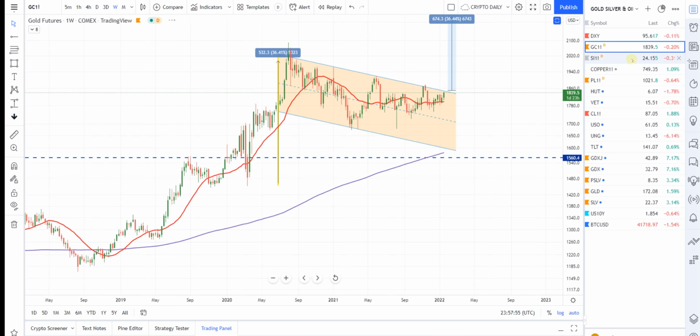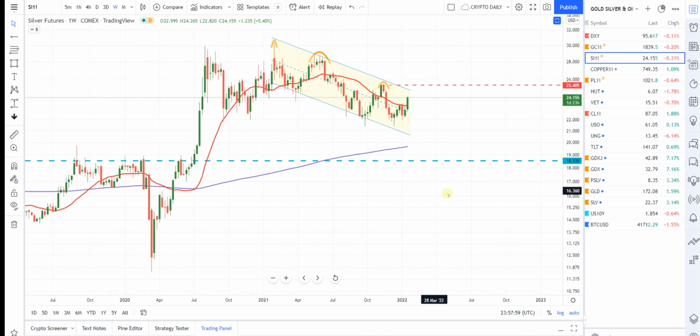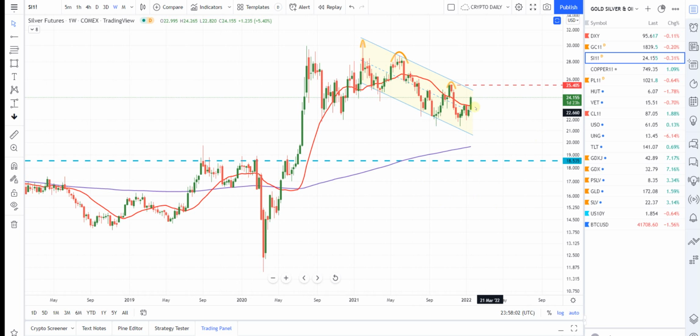Then we're going to go to silver here, and we like watching it on the weekly. Right here is our current weekly candle. We're back up over the 20. Of course, it's been a high, lower high, lower high.